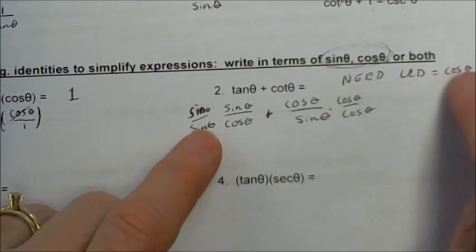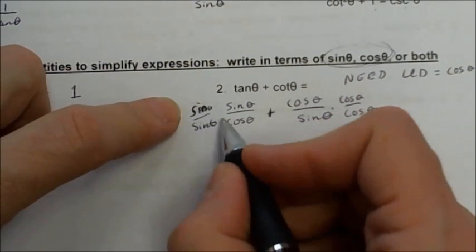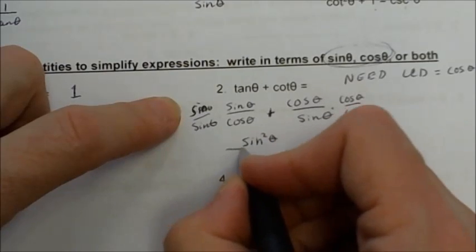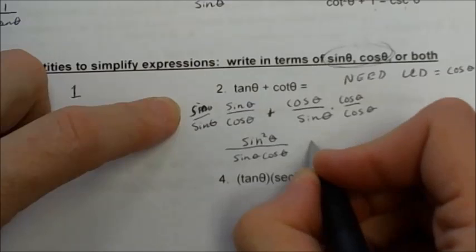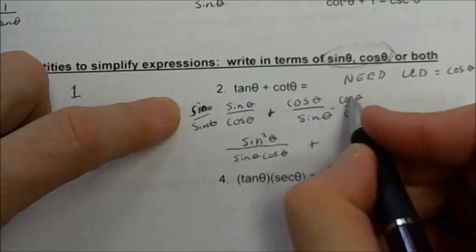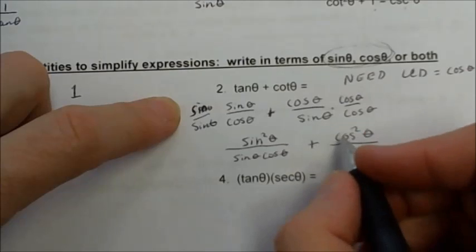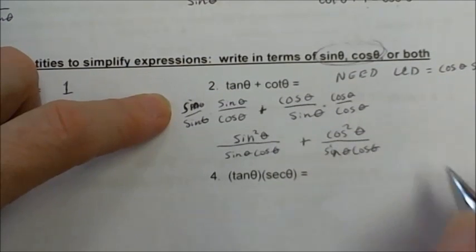So now these denominators are cosine times sine. And this top, sine of theta times sine of theta, is sine squared of theta all over that LCD. Cosine of theta times cosine of theta is cosine squared of theta all over sine of theta, cosine of theta.